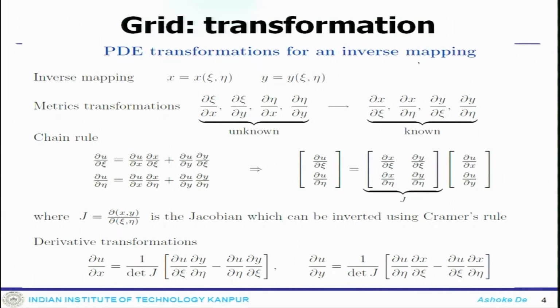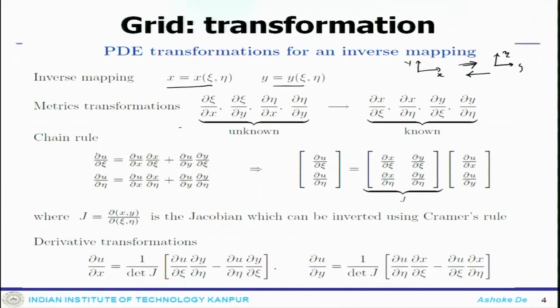Inverse transformation means, I have gone from the x and y system to the xi eta system, which is the forward transformation. Now, inverse transformation will get me back to the xy system. So, x is also a function of xi and eta, and so is y. You use your chain rule and find out all these derivatives.